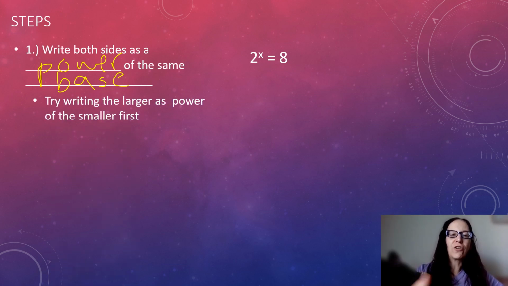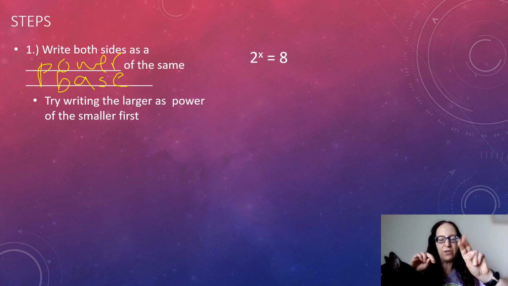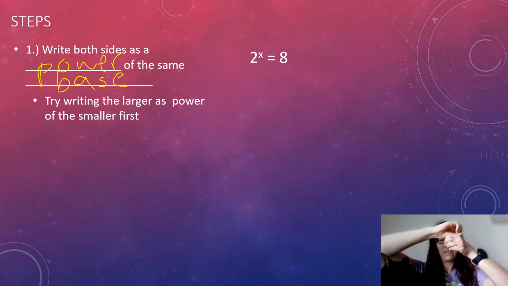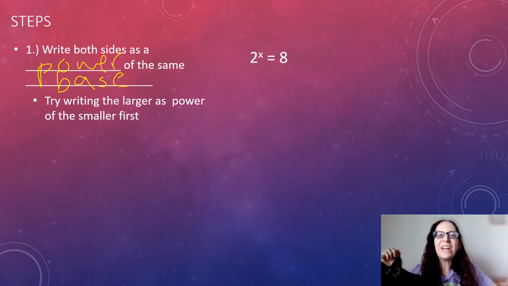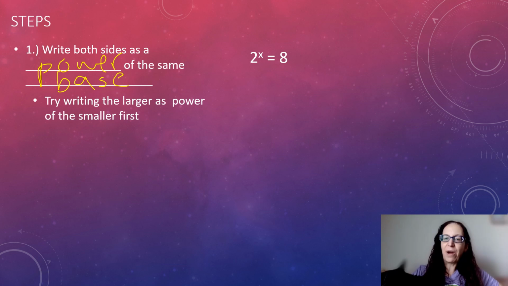Try writing the larger as a power of the smaller first. So you've got these two numbers here. You have a 2 and you have the 8. Take the 8 and see if you can write it as a power of 2.